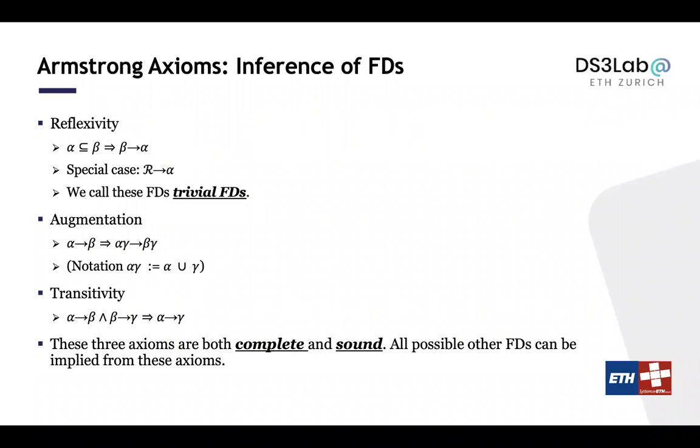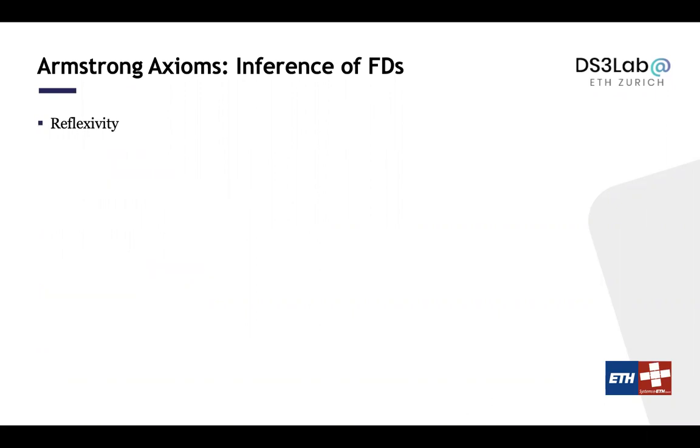So now let's look at each of these axioms, and let's try to prove that the reasoning system constructed by these three axioms is both complete and sound. So the first axiom, reflexivity, simply means that if alpha is a subset of beta, then you have beta determines alpha.